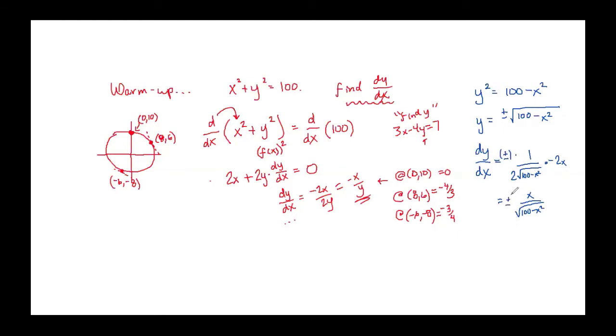Lots of times what you'll see done is minus or plus, but regardless, you have this expression here, and you get two results. For every x, you get two different results for what the steepness is, corresponding to the top half and the bottom half. And in fact, it's in that reverse order.